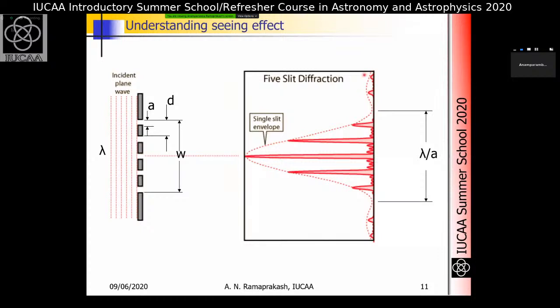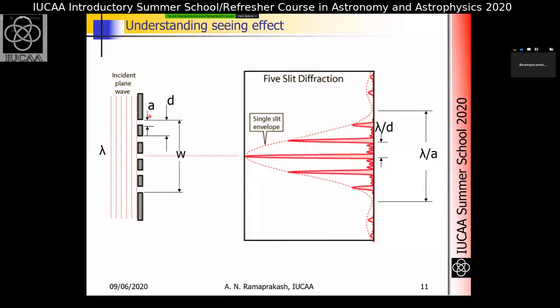So this overall envelope, you know from your theory, is the single slit diffraction pattern. That forms the overall envelope for the multiple interference maxima you get from these multiple slits. So the smallest structure here defines the largest feature of the distribution of light on the far field pattern.